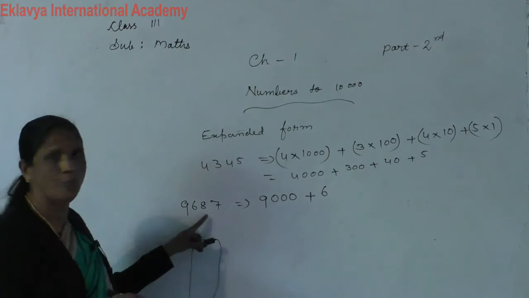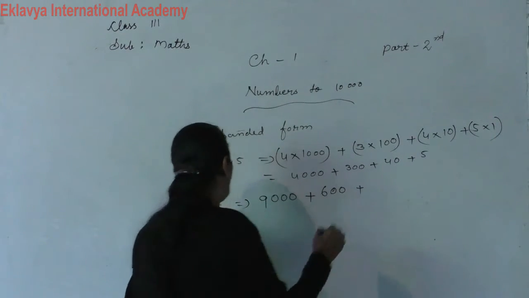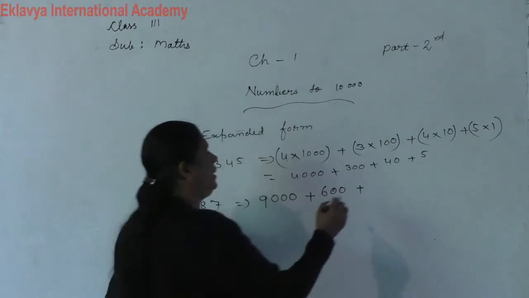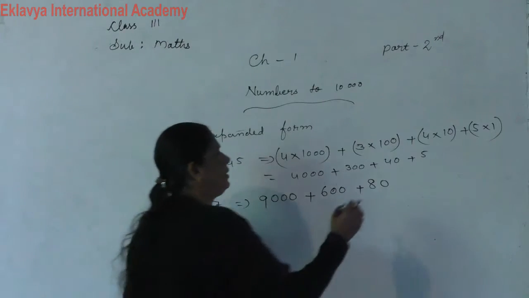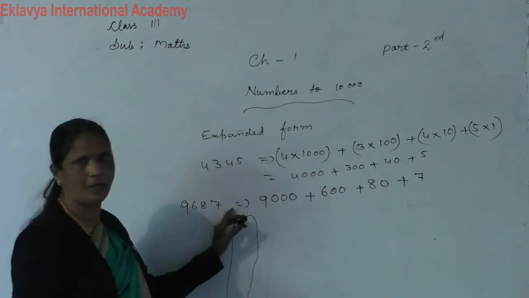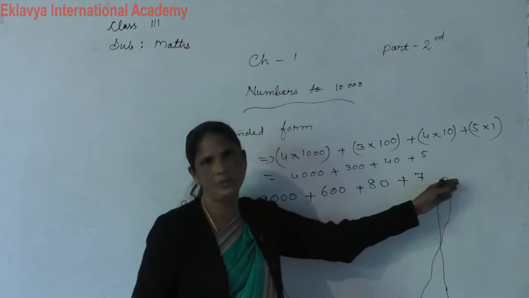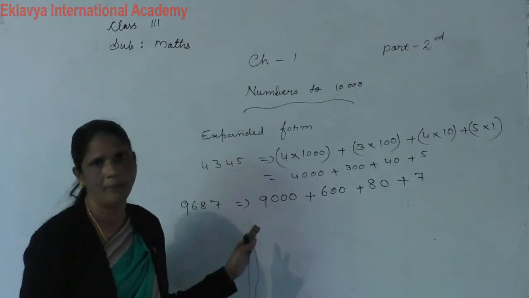After 6, how many digits? 2 digits. You write two 0s. Plus 8. After 8, how many digits? 1 digit. You put one 0. Then this 7. After 7 there is no digit here, therefore you don't put a 0. This is the expanded form of the number.